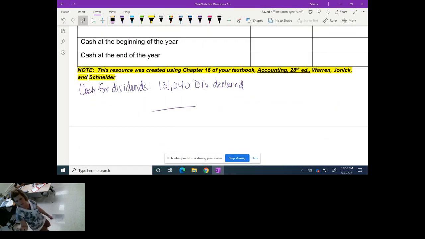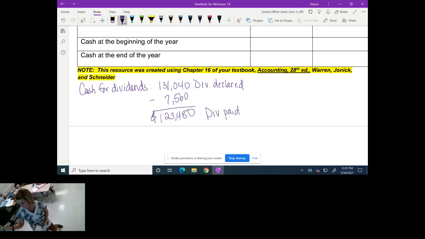It increased, so we need to take that out, right? Yep. 7,560. So 123,480. Okay, so that's dividends paid. So that's what we put down.